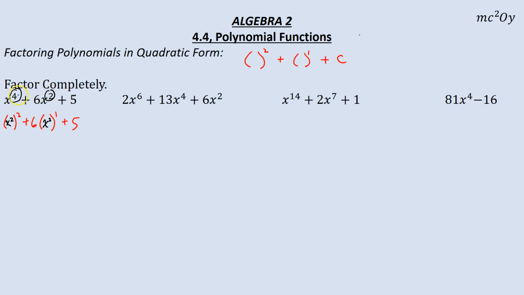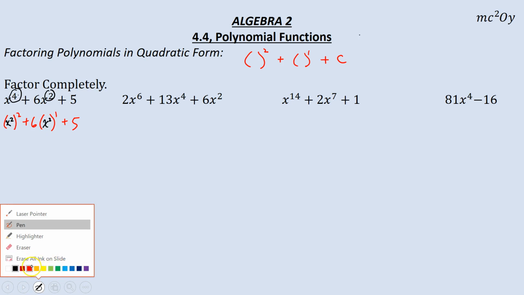Yes, this power is twice that power. That means I can break this power in half and put it inside and square it. Because 2 squared is 4. 2 to the first power is 2. So that's really what I'm doing there. So I'm gonna do that for each of these just really quick, just so you can kind of see that piece of it. Okay?